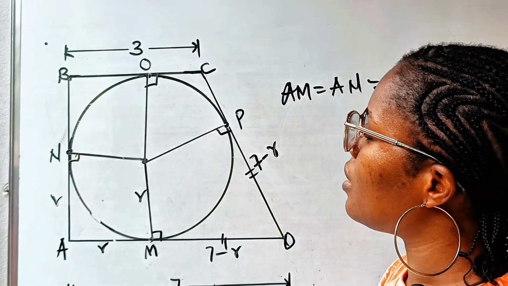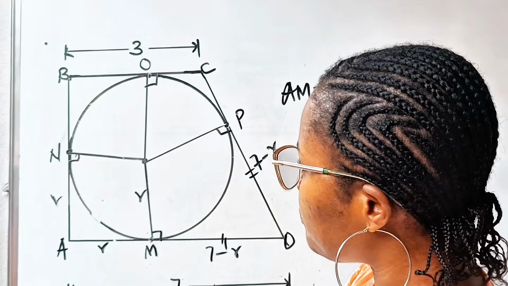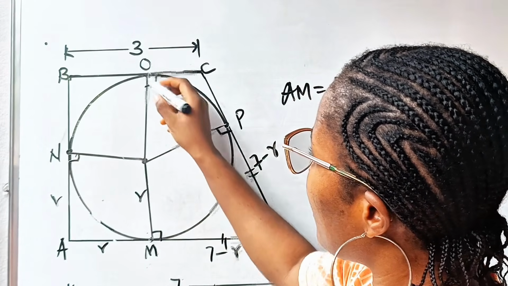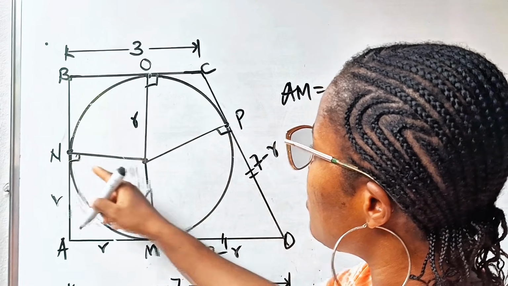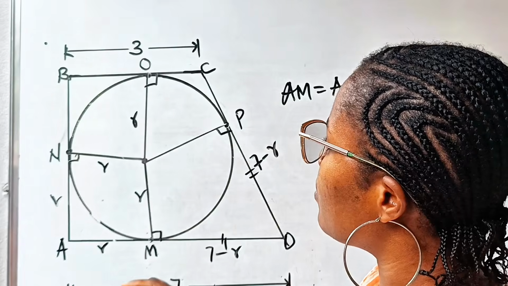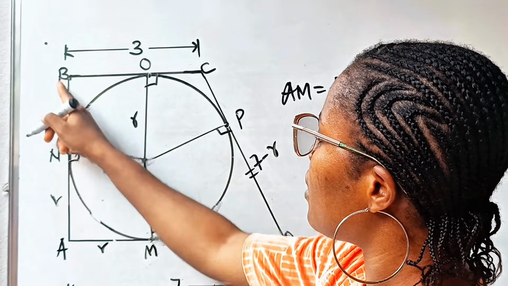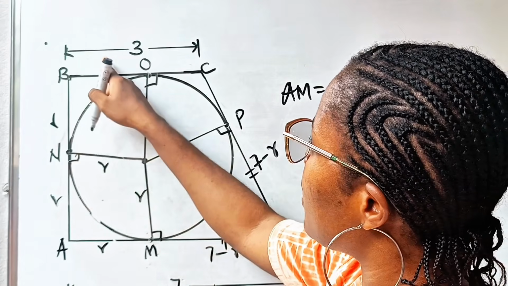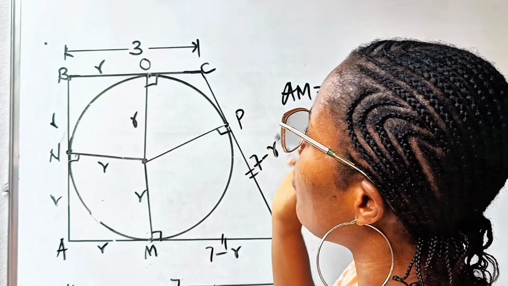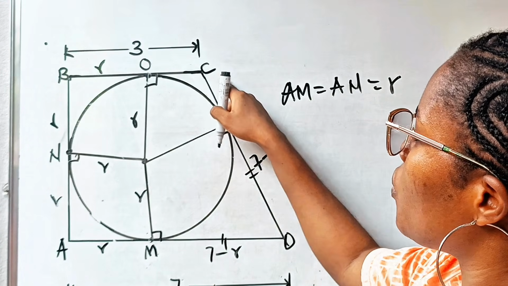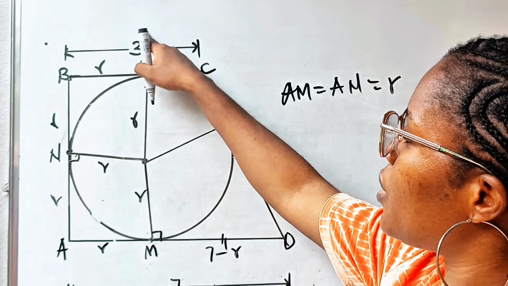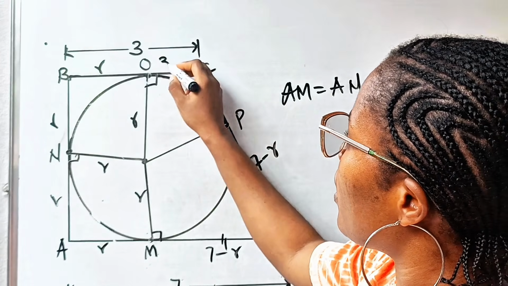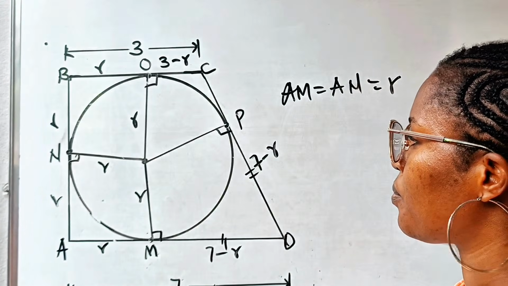Now, similarly, from here to here is R, from here to here is R, from here to here is R. Therefore, from here to here is R. Now, OC will be what? From here to here is 3. So OC will be 3 minus R.